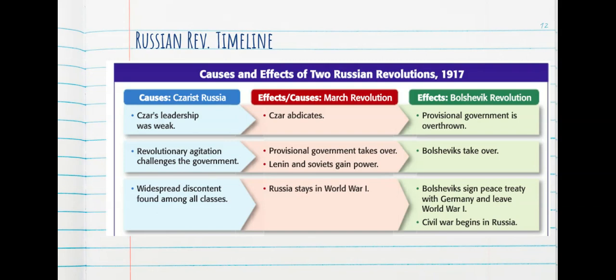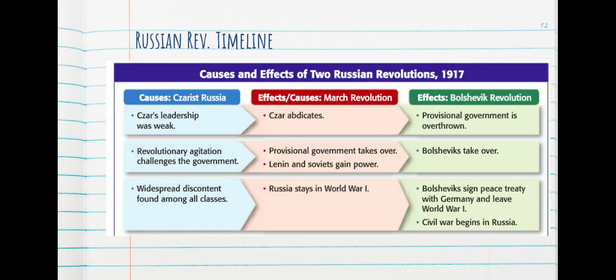They're a little bit more on the left. And they are led by these two men by the name of Vladimir Lenin and Leon Trotsky. So Vladimir Lenin gains power, and under the provisional government, Russia still stays in World War One, which people don't want.